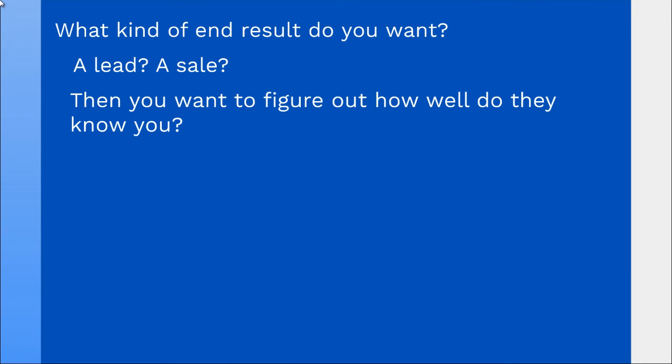Then from that point, you need to figure out how well they know you. Are they aware of you? In other words, are they customers, people that have already bought something from you? They are very aware of you, they know who you are. They are what we call a warm or hot lead.